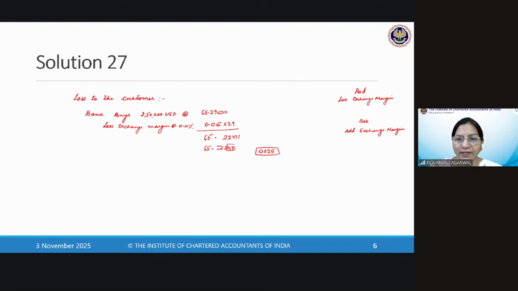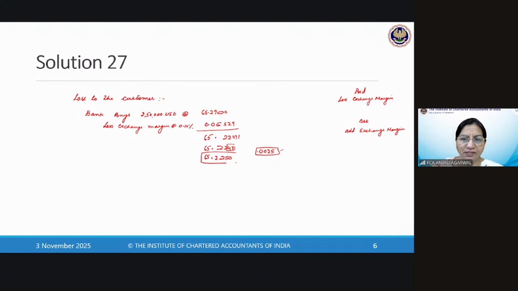But if you do anything like this, you have to mention it, unless the question specifically asks you how to round off. Otherwise you can decide that we are rounding off in multiples of this. So in that case, it will become 65.2250. Or you can leave it as 65.2247.